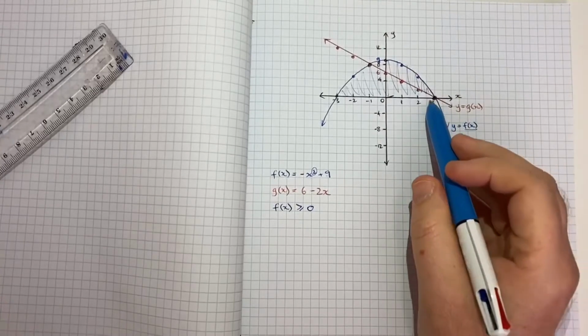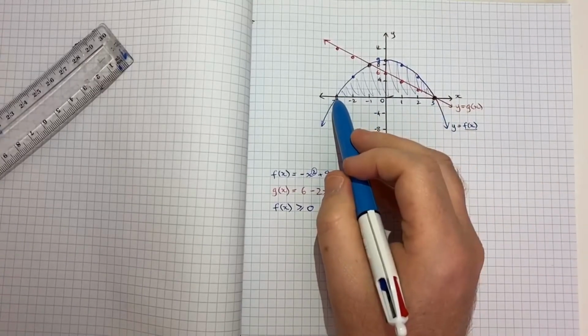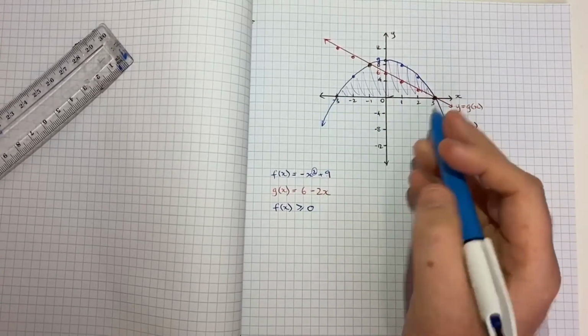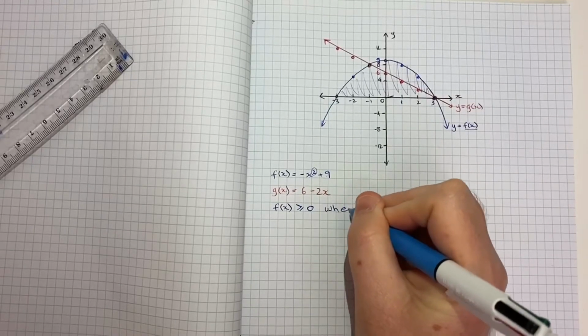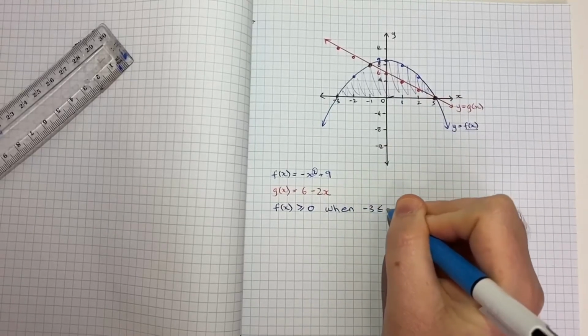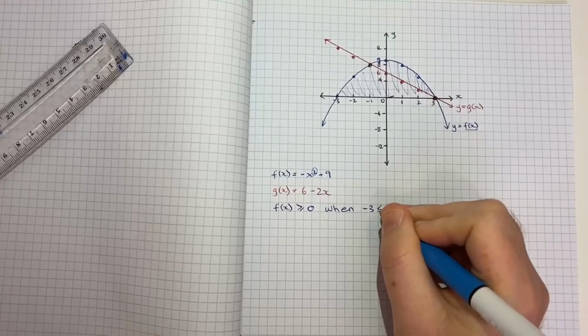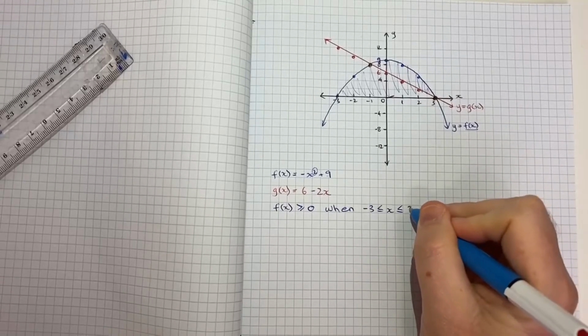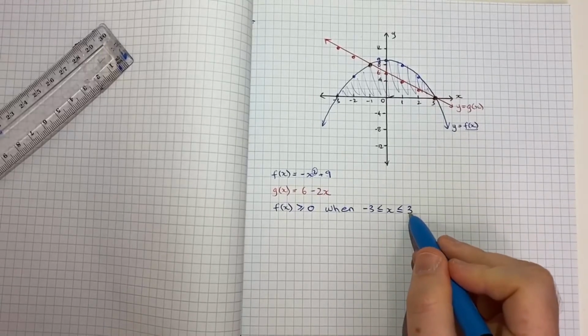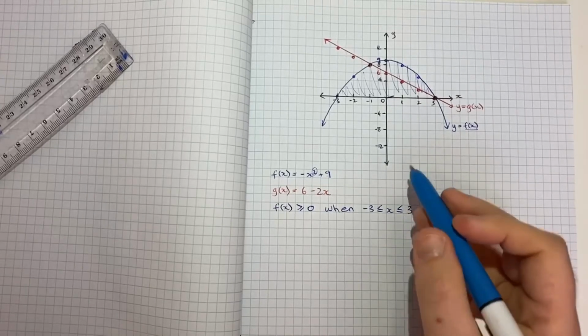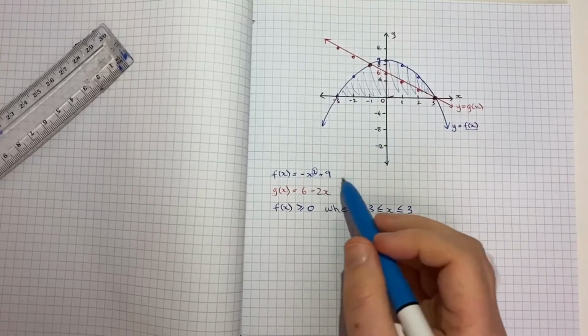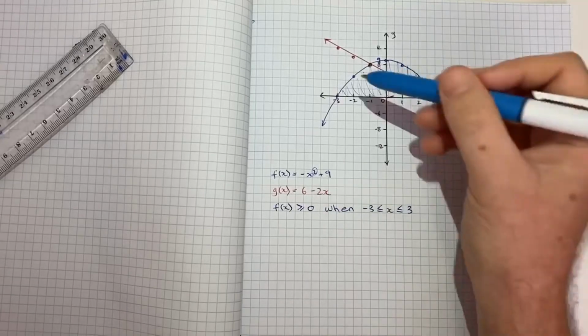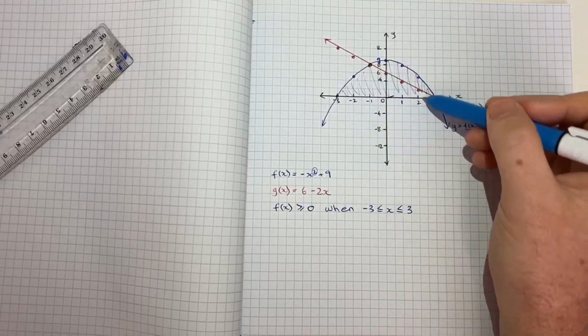And we can see that that is true when x is between negative 3 and 3. So we can just say that when x is greater than or equal to negative 3, and less than or equal to positive 3. So again, I mentioned before you could work that out algebraically, but it's quite a simple thing to do once you've created the chart.